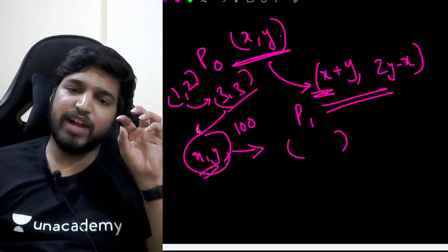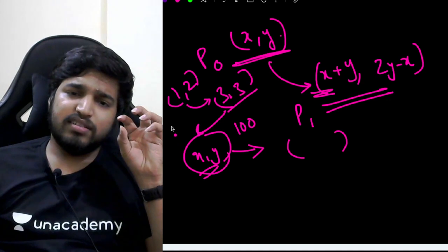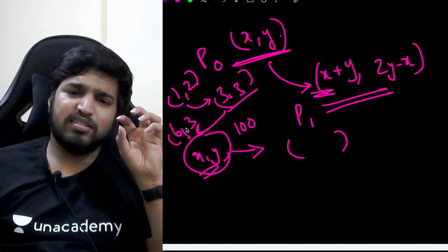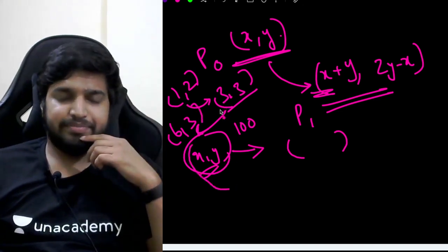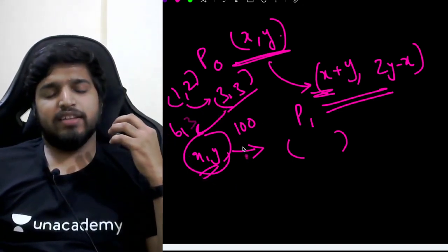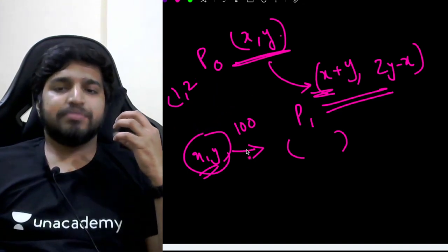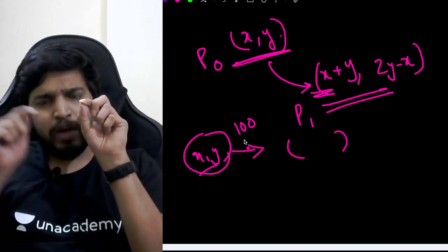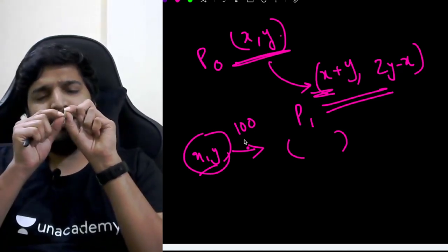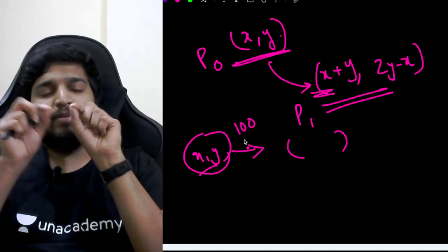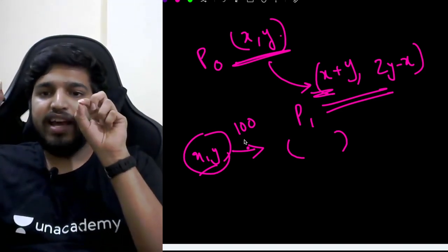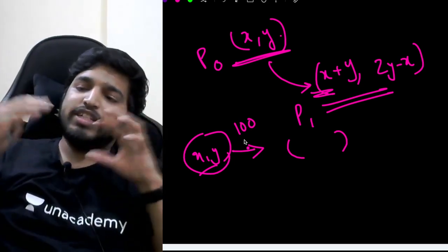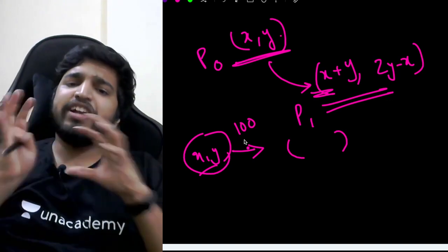Then if you transform this again, you get 3 plus 3, 6 comma 2 into 3 minus 3, 3. And so on. What does this look like in the coordinate plane? Starting at the point 1 comma 2, you apply this transformation x plus y comma 2y minus x. From 1 comma 2 you went to 3 comma 3, and then to 6 comma 3, and so on. The problem statement is, after 100 transformations, where will you be?